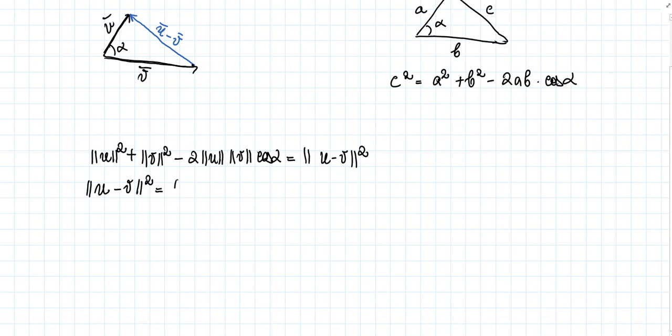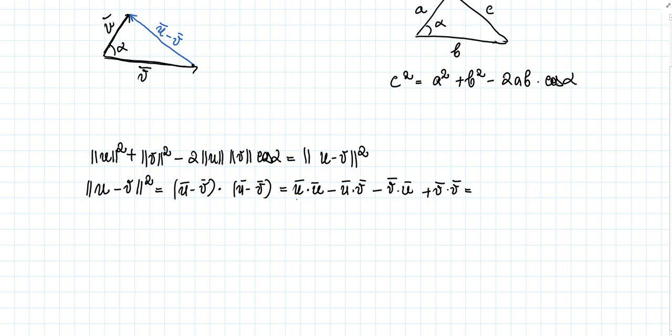So this is going to be equal to u minus v dot u minus v, right? And using all other properties of the dot product, we're going to open up the brackets, okay? So let's open the brackets. This is going to be equal to u dot u, right? Minus u dot v minus v dot u, right? Plus v dot v.